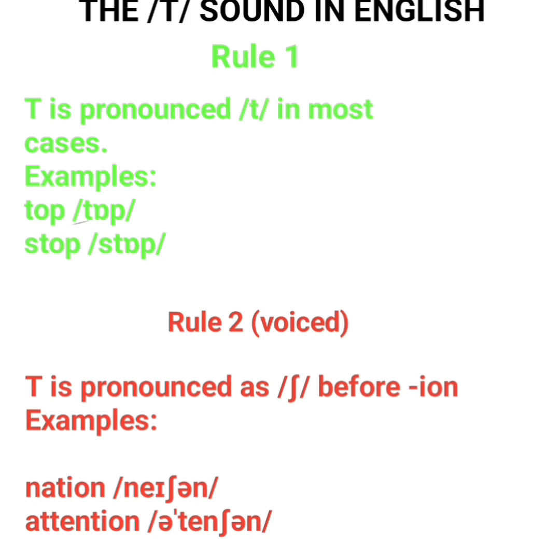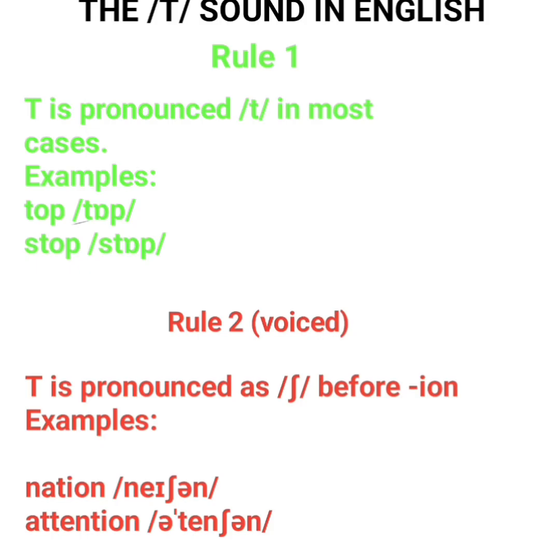Now, to T also, in most cases, it gives T sound, top, stop, and it also gives sh sound, like nation, attention. All these symbols that are strange, after the ending of the consonant data classes, I'm going to state all of them and state where we have them.